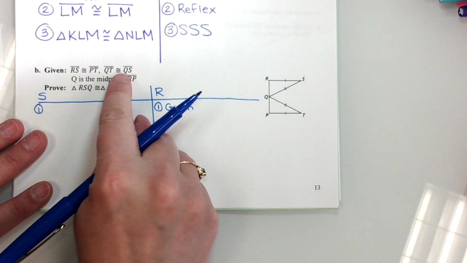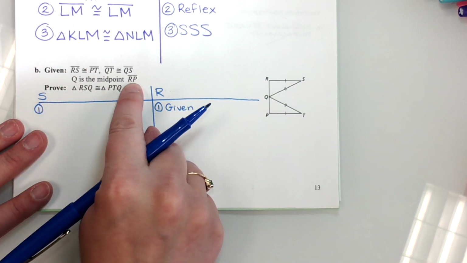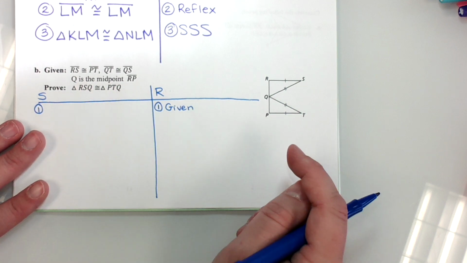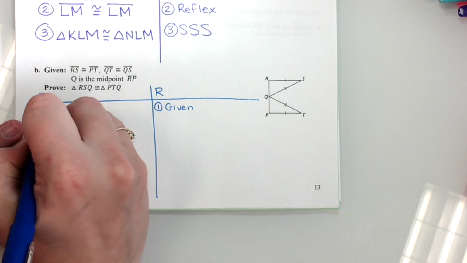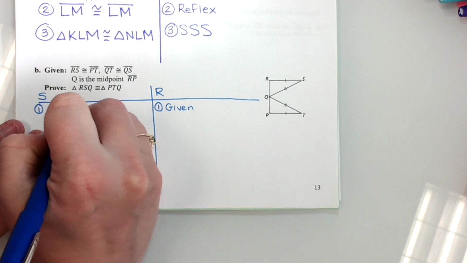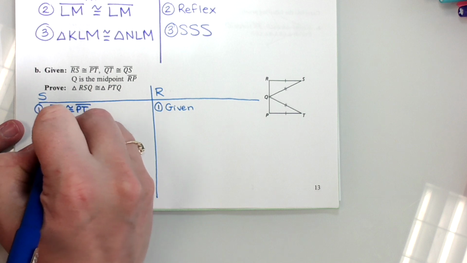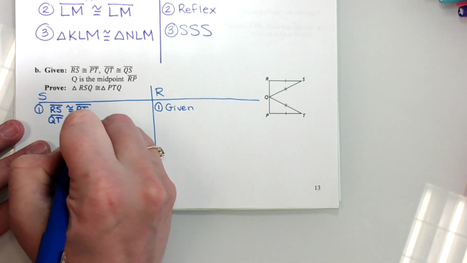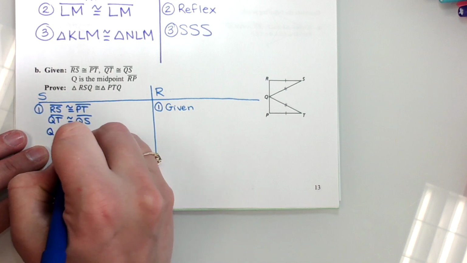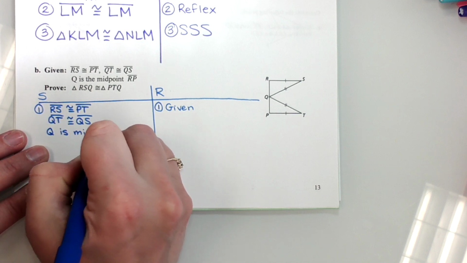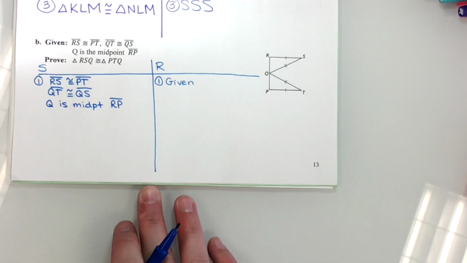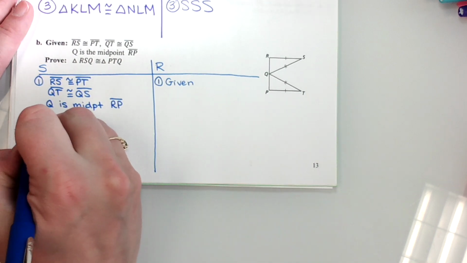One, 2, 3. That's not given. I have 3 givens here. One common error that I've seen in this class is that people miss a given, or they'll put in the prove as a given. The thing you're trying to prove is not given to you.